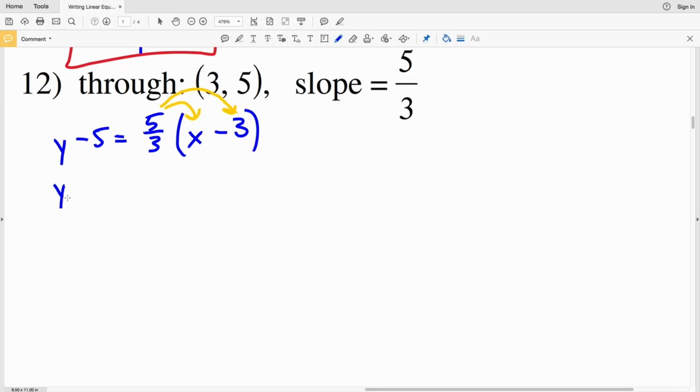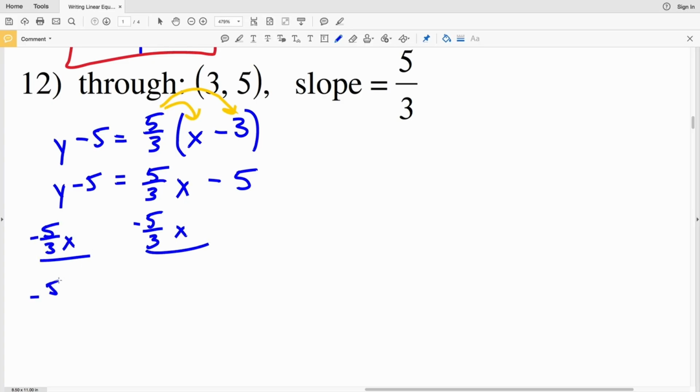Distributing the 5/3, y minus 5 on the left equals 5/3 x minus 5/3 times 3 is 5. Moving 5/3 x to the other side, we'll get negative 5/3 x plus y minus 5 equals a negative 5.